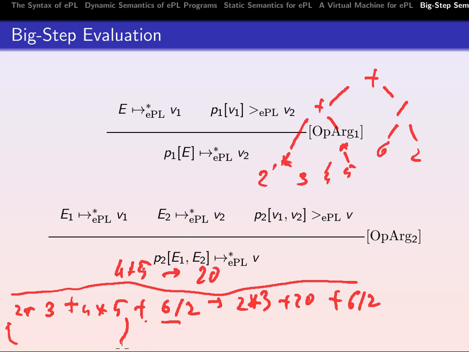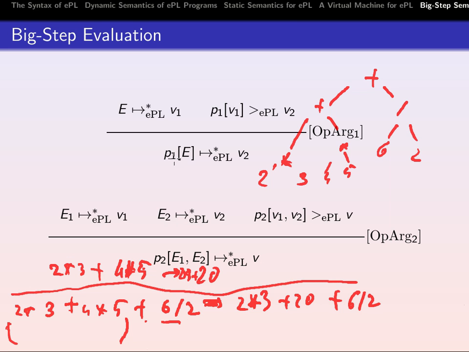So then what do I need to make this a valid arrow? What do I need to write here? I need to write 2 times 3 plus 4 times 5 arrow 2 times 3 plus 20, right? That's what I should write in order to make it valid. Does it make sense?